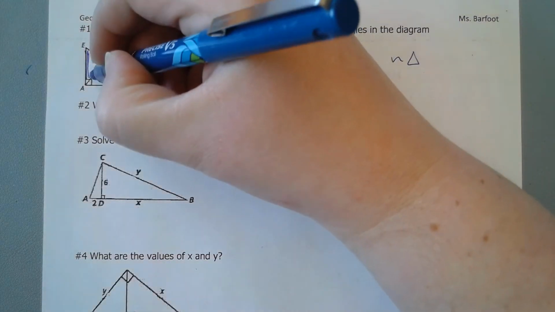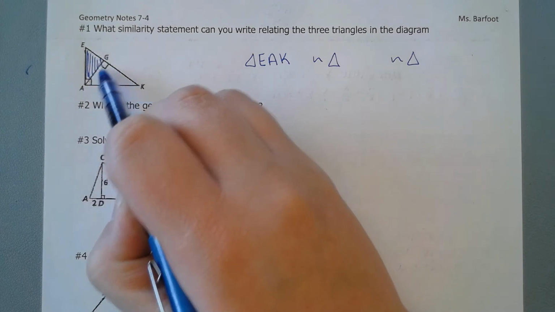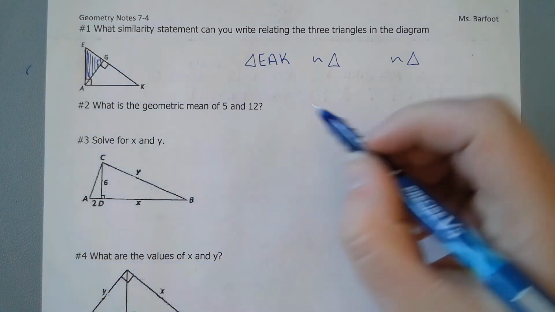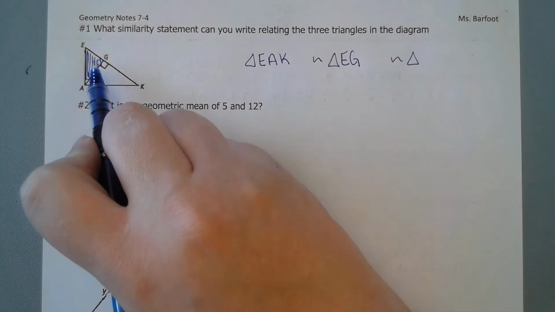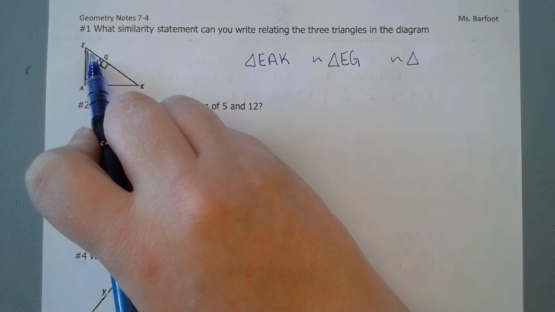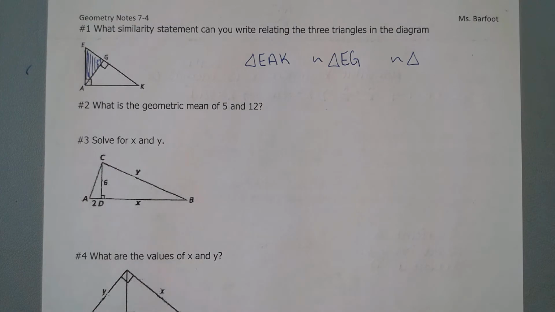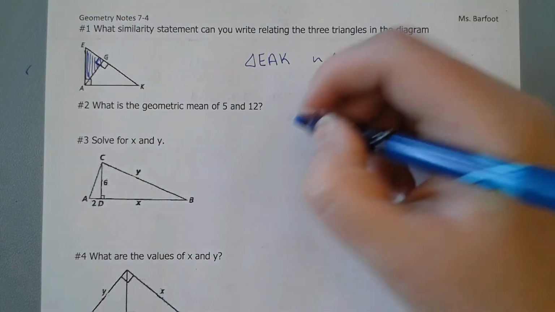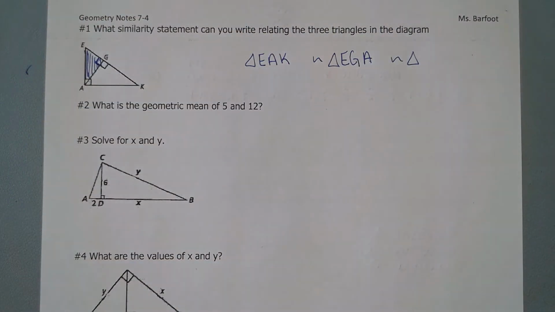So take a look at just this triangle. Which side is shorter, EG or GA? You should be thinking that EG is smaller, where G is the right angle. So E will match E, and then G will match A. Another way you can think about this is that this angle E on the big triangle is the same exact angle on the small triangle, so they have to be in the same spot. G is my right angle, so that's going to match the right angle A, which leaves my third point on that triangle A as my last letter.